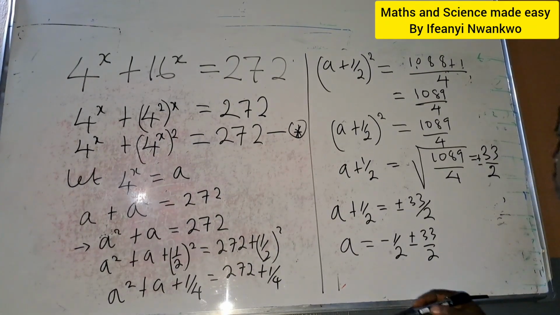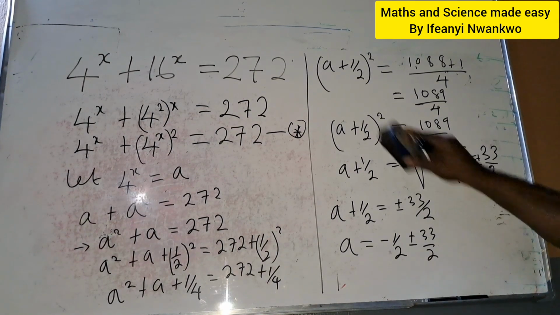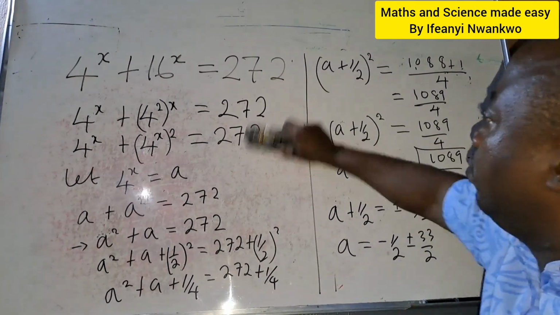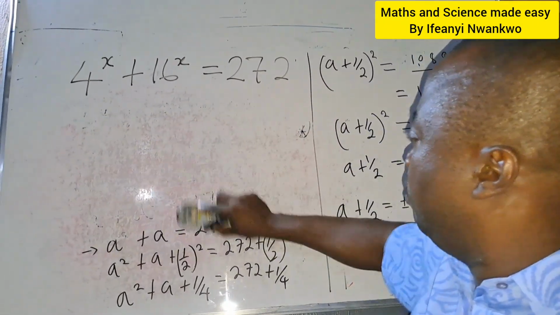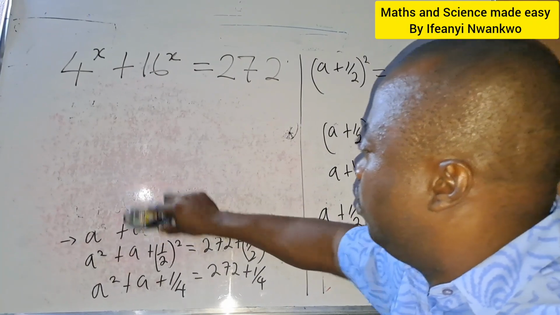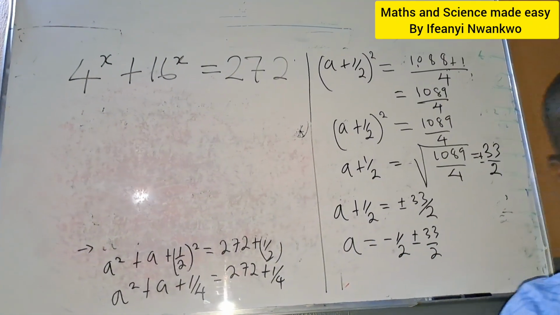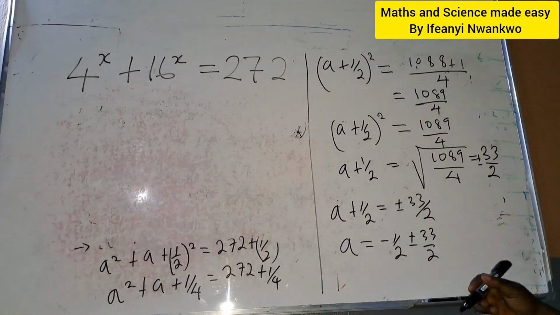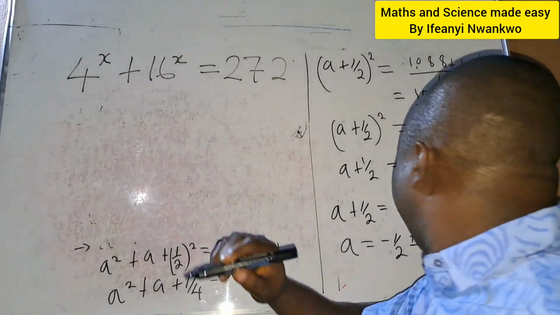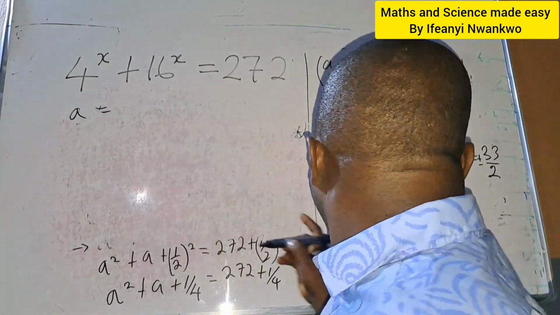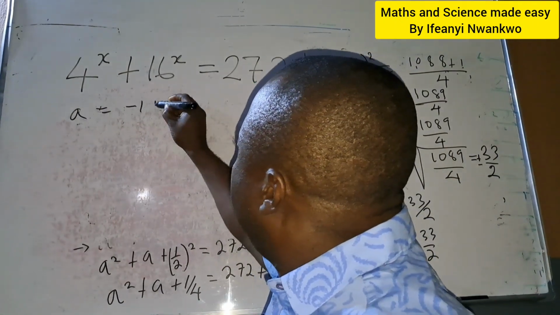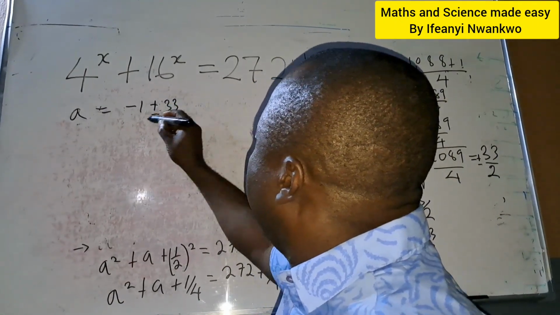I wipe this side so I can continue. Now we have a equals minus 1 plus or minus 33 over 2.